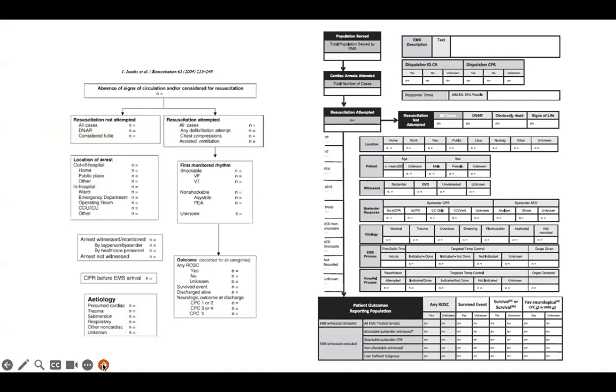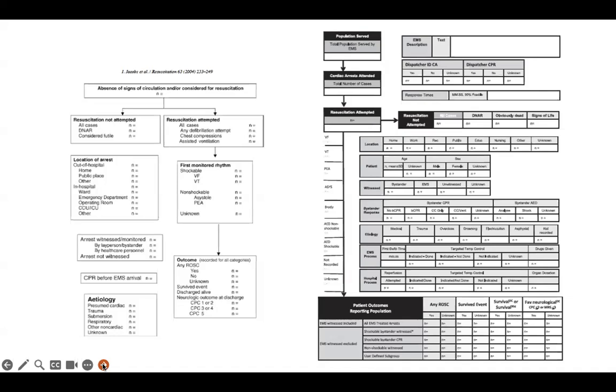But one thing that we learned very quickly when we reviewed the international literature, particularly reports that cited previous Utstein templates, was that these figures weren't commonly used. And in particular, the 2015 figure that you see on the right-hand side on your screen wasn't very commonly used in cardiac arrest outcome reports. And we think that's probably for a variety of reasons.